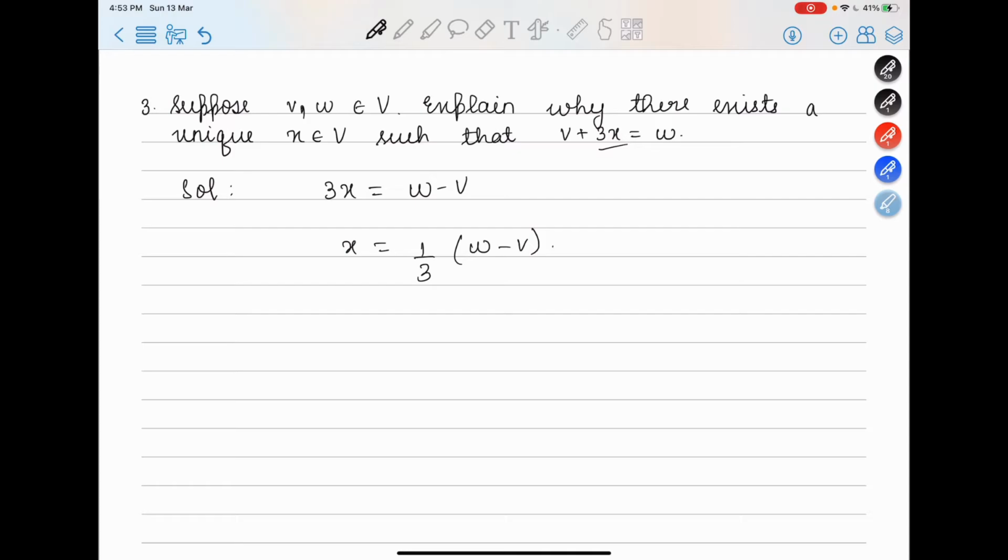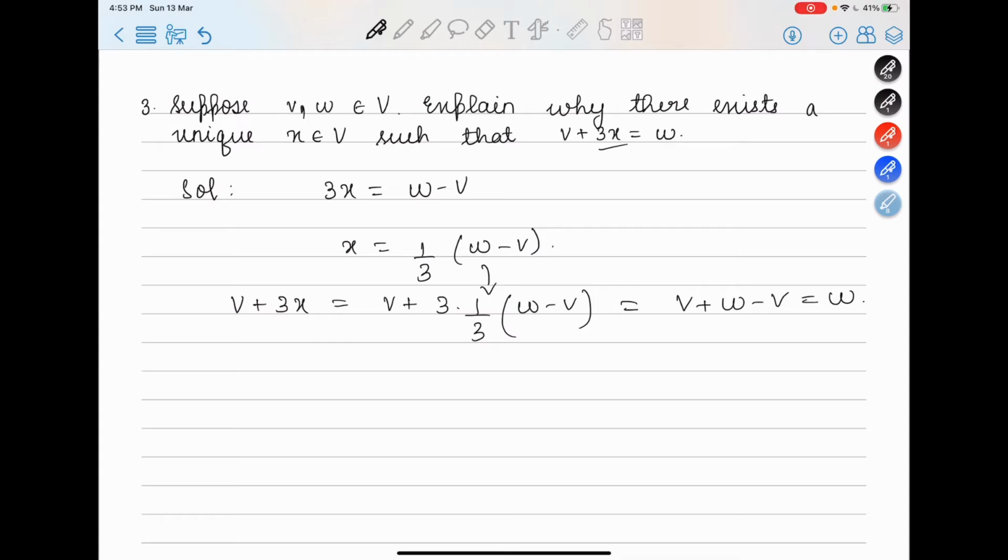So v plus 3x is nothing but v plus 3 times 1 by 3, I'm just substituting here, w minus v, equals v plus w minus v, which is w. So this shows the existence of x.